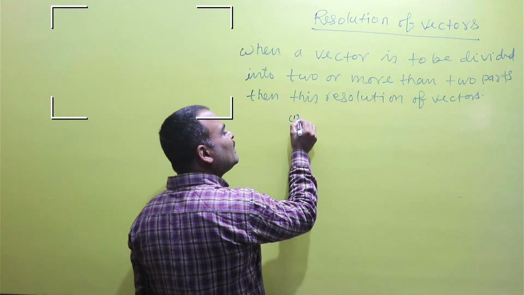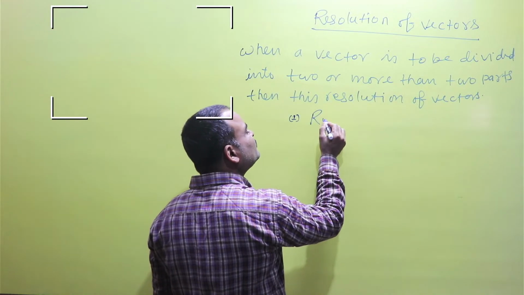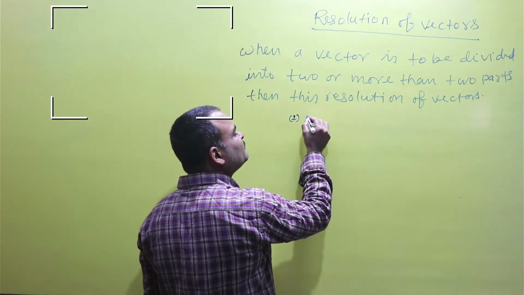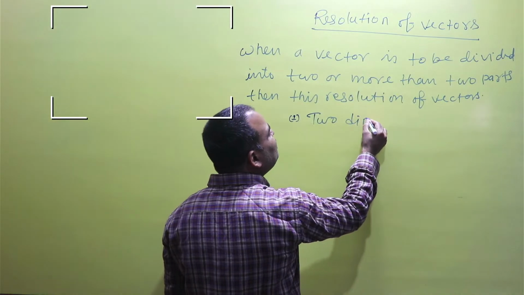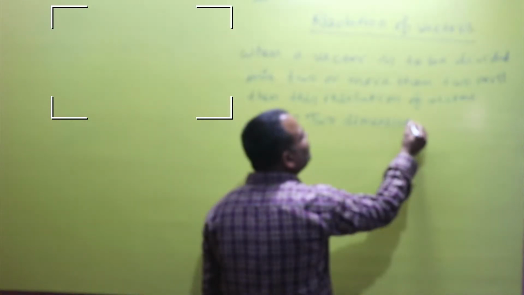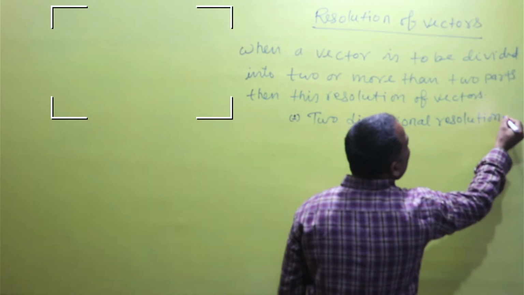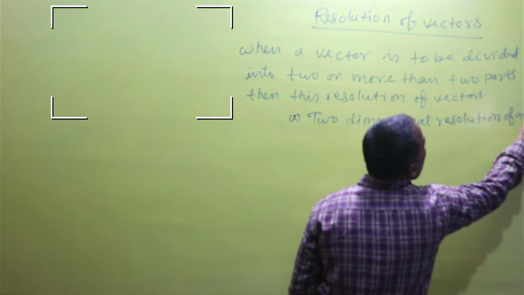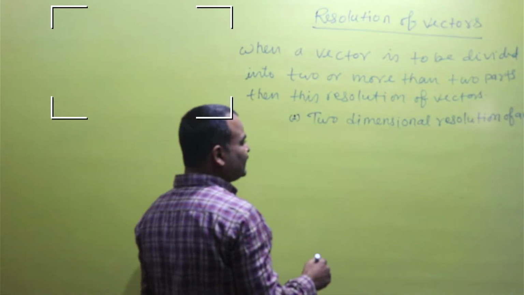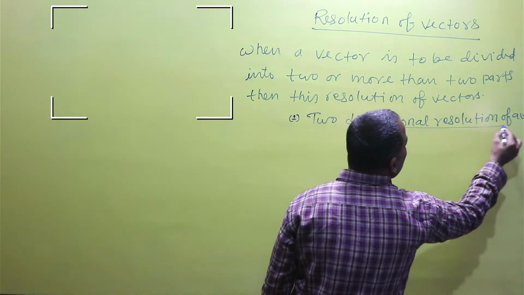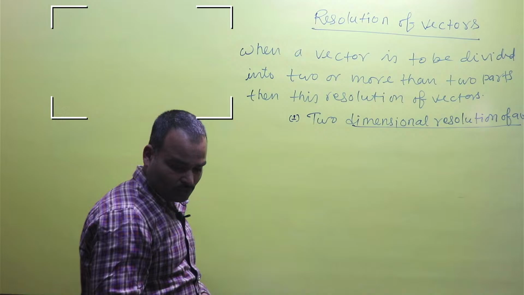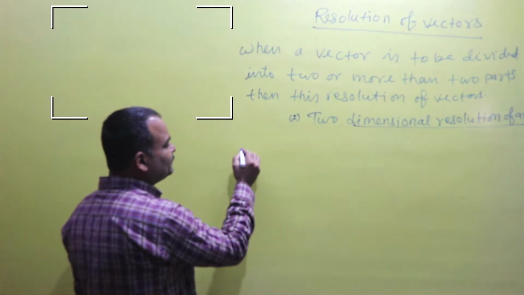और इसमें पहला हम लोग देखेंगे टू डायमेंशनल रिजोल्यूशन। रिजोल्यूशन ऑफ अ वेक्टर, यानी किसी भी वेक्टर का टू डायमेंशनल रिजोल्यूशन करना है तो व्हाट इज द टू डायमेंशनल रिजोल्यूशन ऑफ ए वेक्टर?